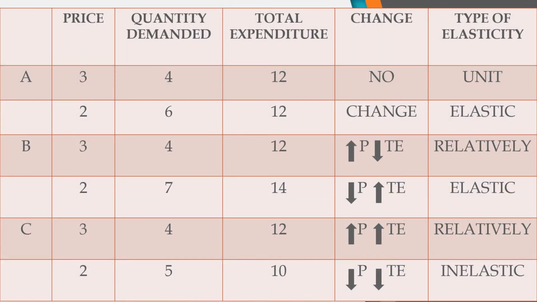I've taken another example for you to help you to understand better. So here we've taken different figures. You have good A, good B, and good C. Here you have price rupees 3. At price rupees 3, quantity demanded is 4. So the total expenditure is 12. When the price falls to rupees 2, the quantity demanded is 6 units. 2 into 6 gives us 12.